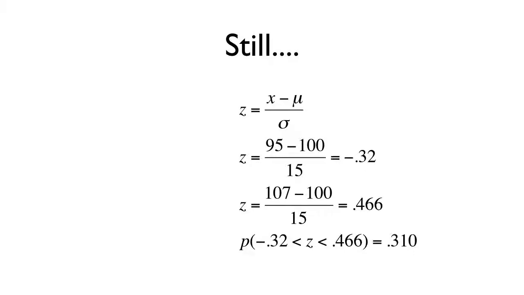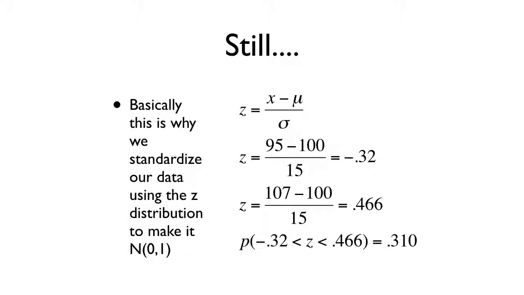Right? So what I'm doing here, I've got 95 minus 100. Remember, I'm trying to find the probability of having an IQ between 95 and 107. So for 95, the Z value is negative 0.32, and for 107, the Z value is 0.466.